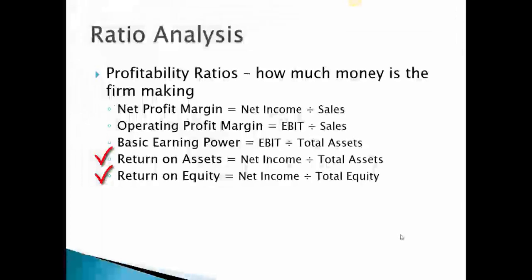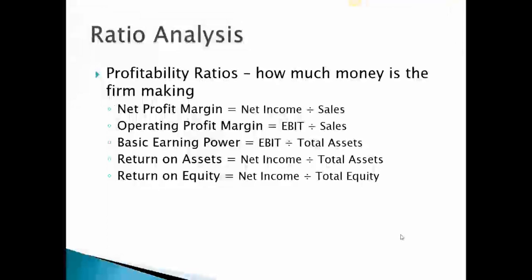Both of those have net income in the numerator, and then the denominator varies. Return on assets has total assets in the denominator. Return on equity just has the equity number in the denominator. These are all relatively simple to calculate from the income statement and the balance sheet, so I'm not going to go back to Excel for these, just in the interest of time.